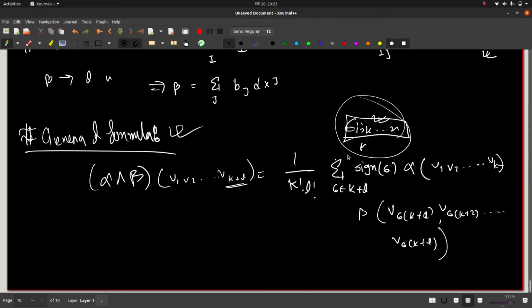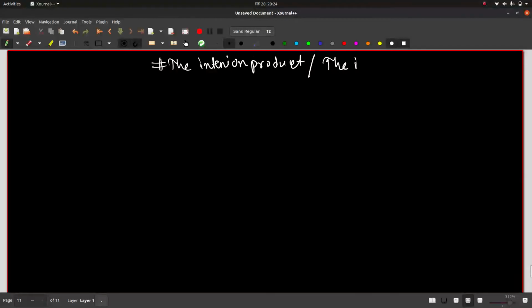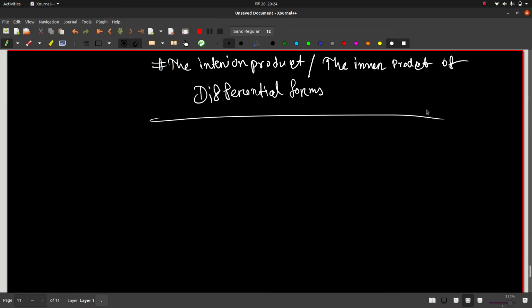And now to move on to the interior product. This is the last thing for today. The interior product, or the inner product, of differential forms. So what do we mean by the interior product or the inner product?